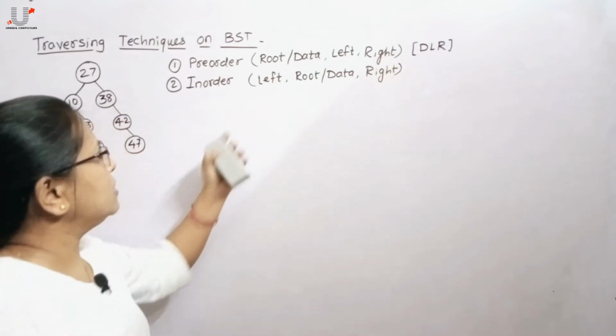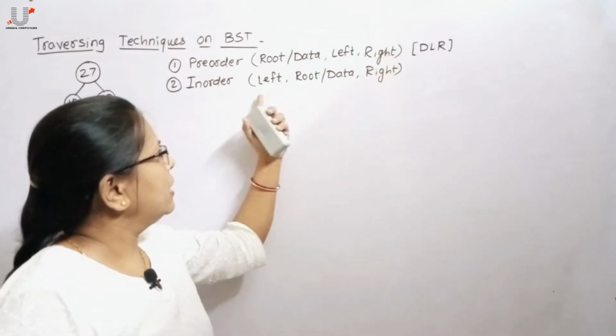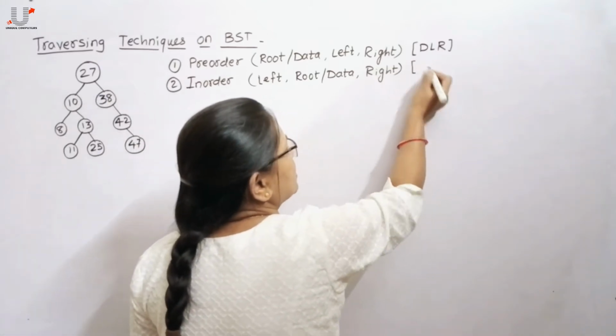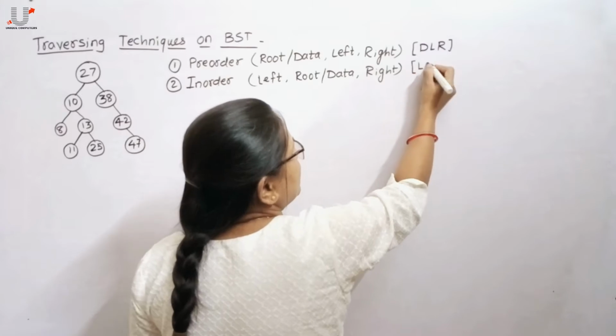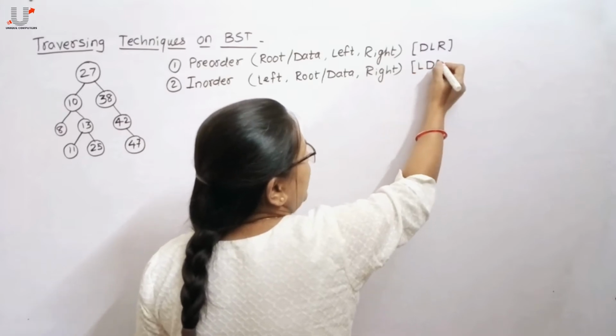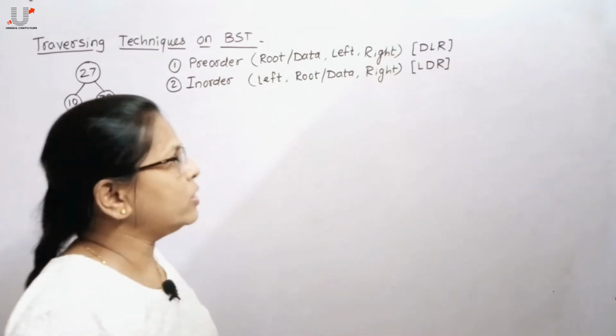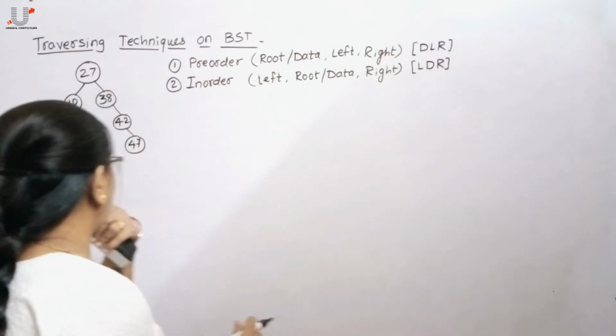In shortcut form we write it as L for the left subtree, then the data part, that means the root node, and then the right part gets processed.